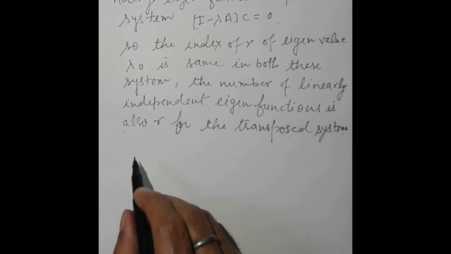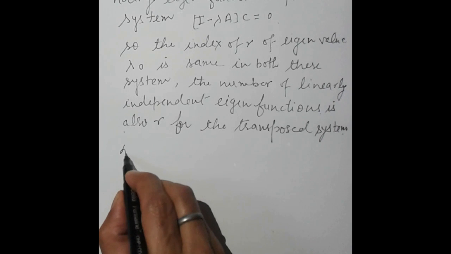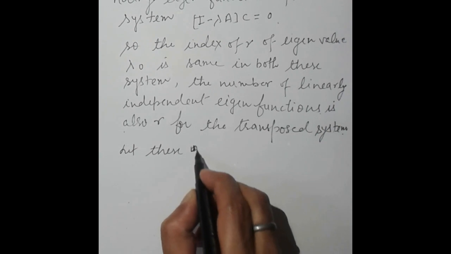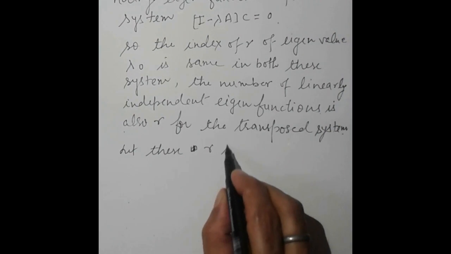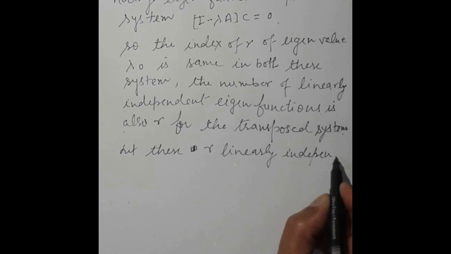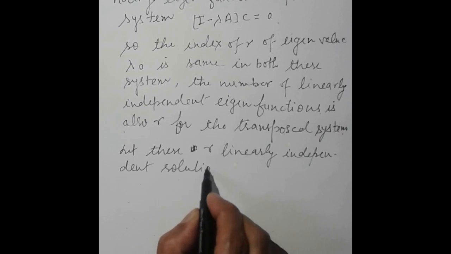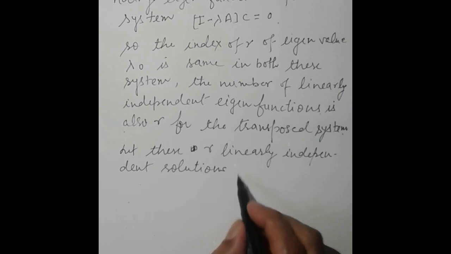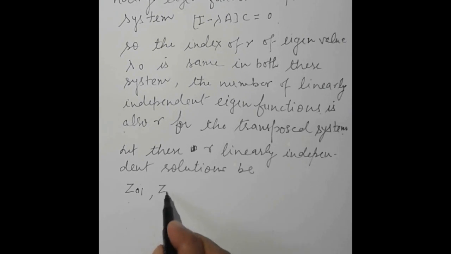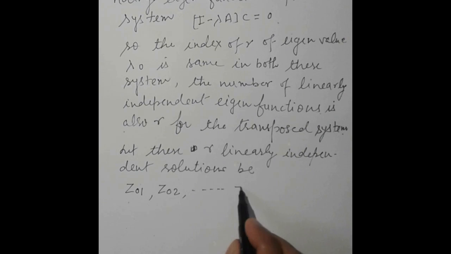So let these r linearly independent solutions be z_0^1, z_0^2, z_0^3, and so on up to z_0^r.